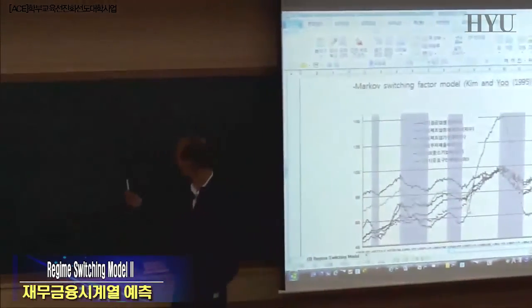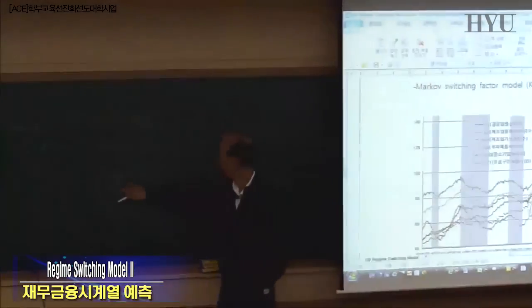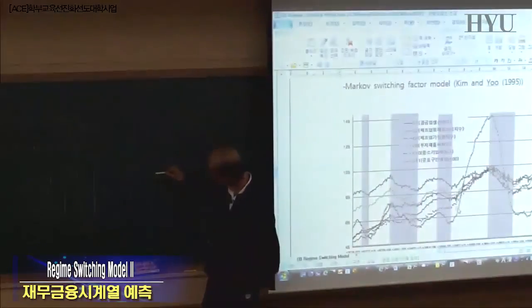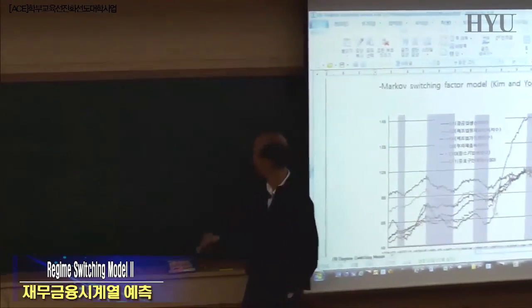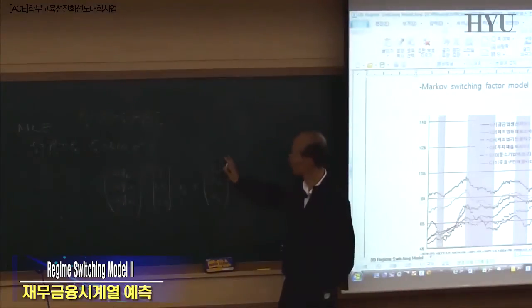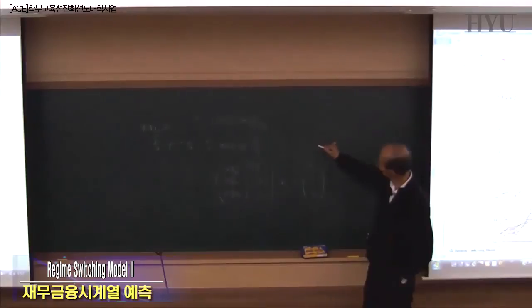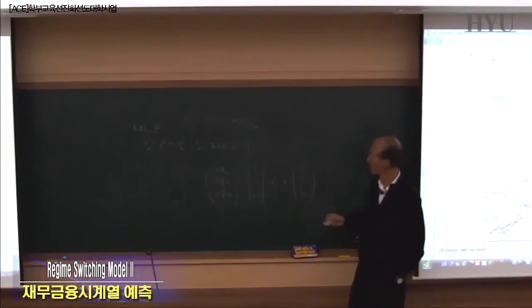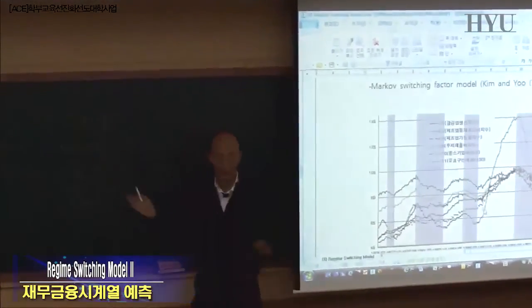Of course, there is a common variation coming out of this X, but there are idiosyncratic movements. Right? The structure could be more complicated if you introduce serial correlation here, and a more complicated process than this one. But still, the idea is the same.